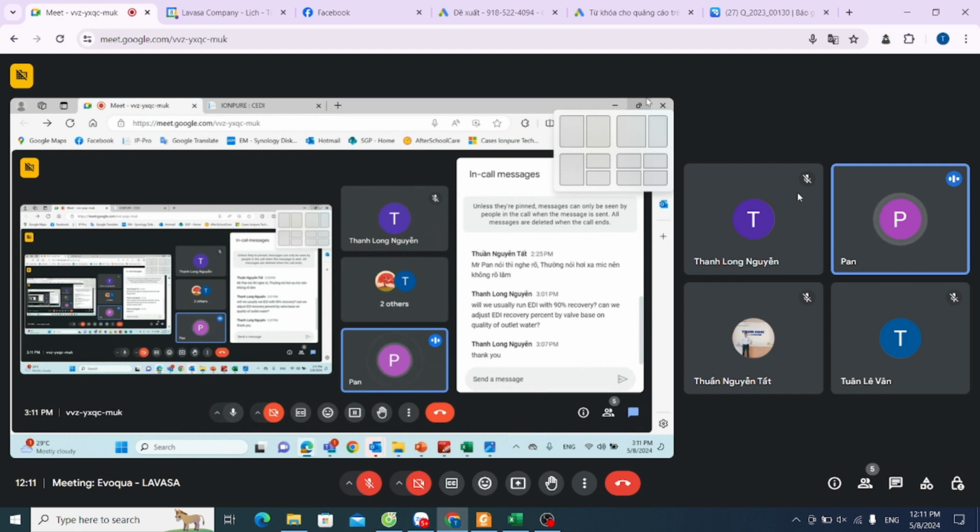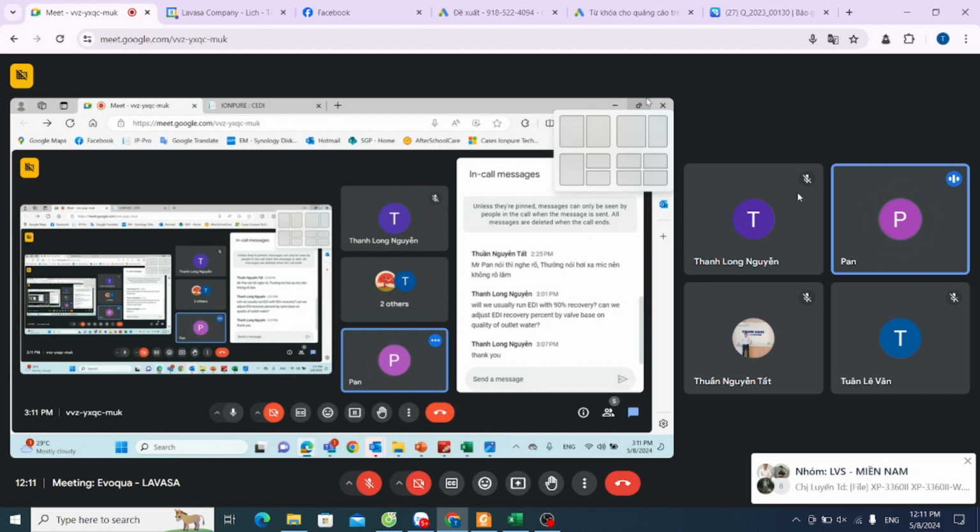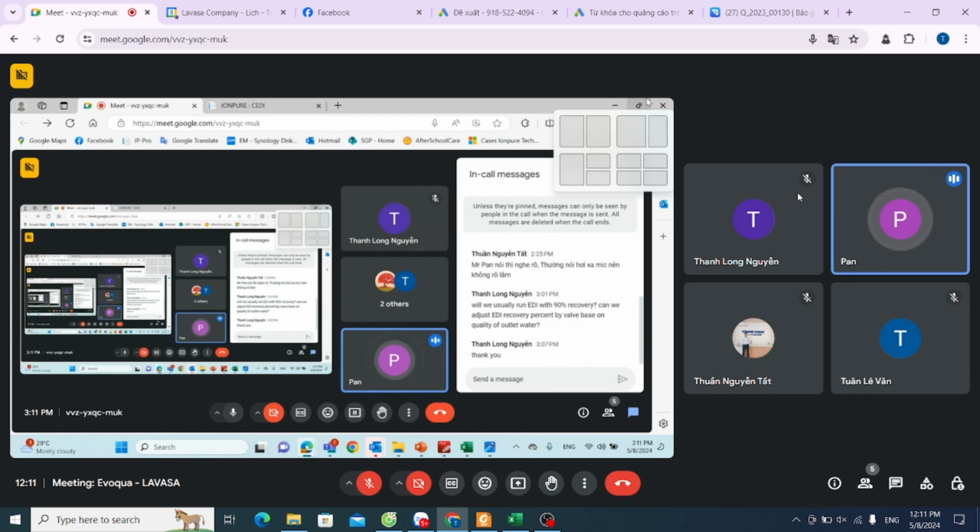They produce chemical, electronic, maybe semiconductor, and some plastic. They are a vendor for Samsung. We have a vendor in Hyosung when we sell Evoqua to Samsung.